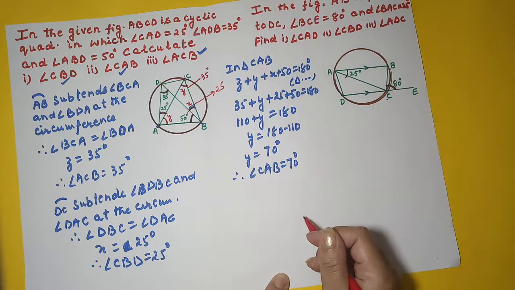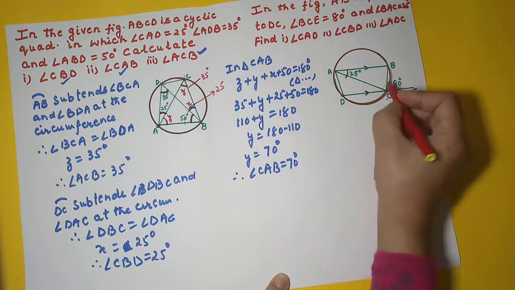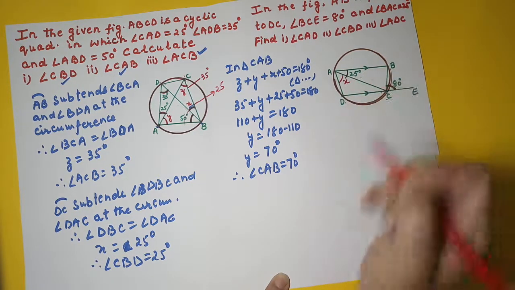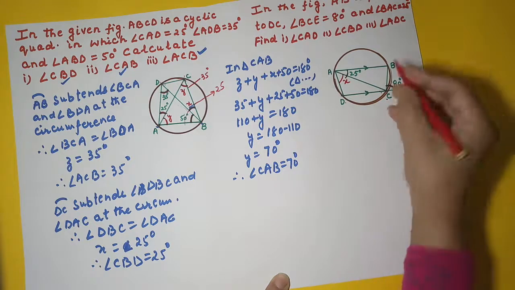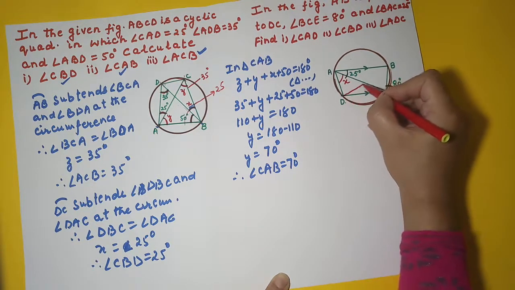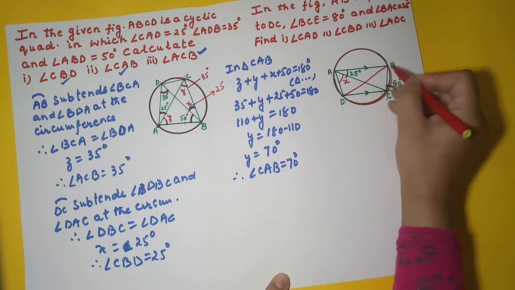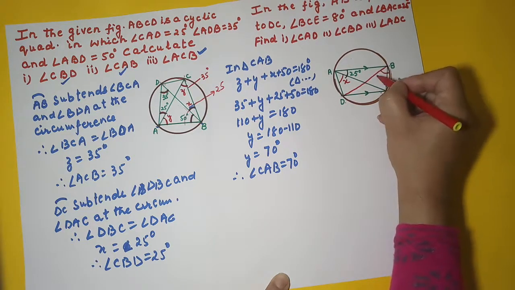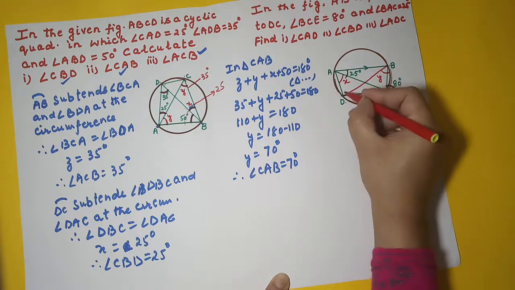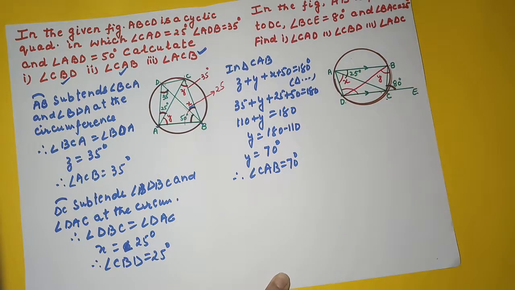He wants us to calculate CAD, that's this angle. So let's call this angle X. CBD, that means we have to join this. So CBD is this angle, let this be Y, right? And angle ADC, that means this entire angle, right?